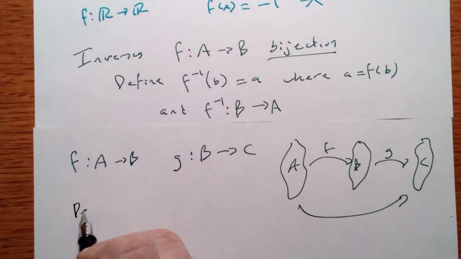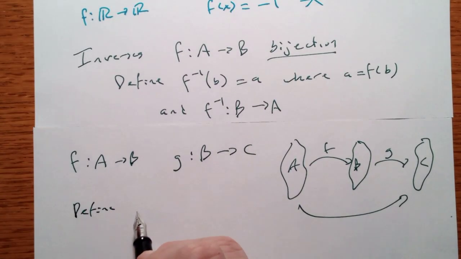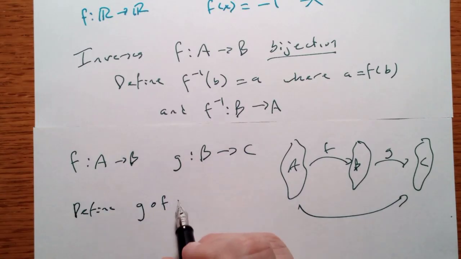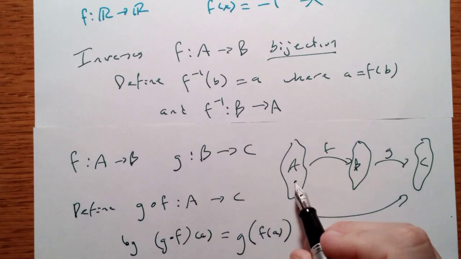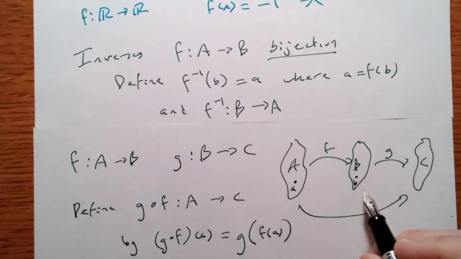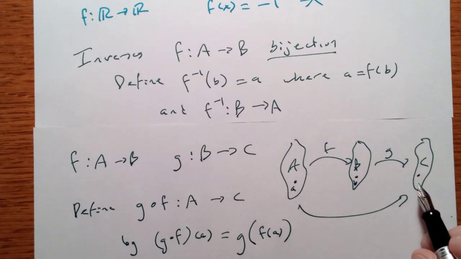I can define G of F from A to C by G of F of a is G of F of a, because a is going to go to some point b via F, and little b is going to go to some point c. This is composition.